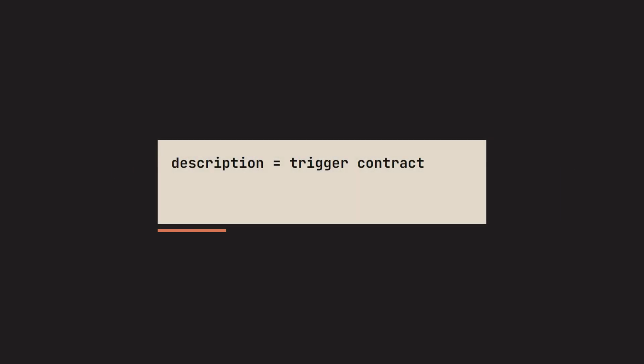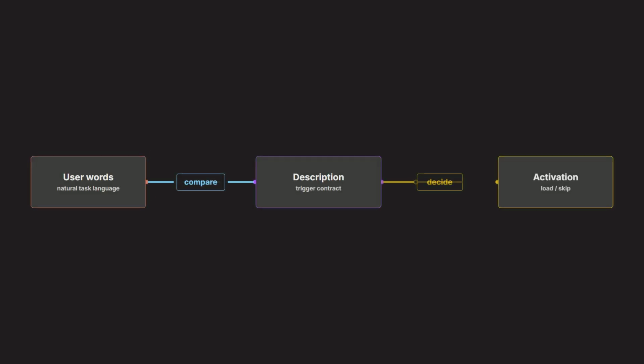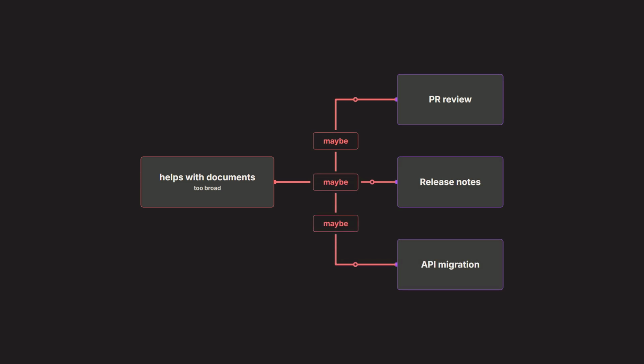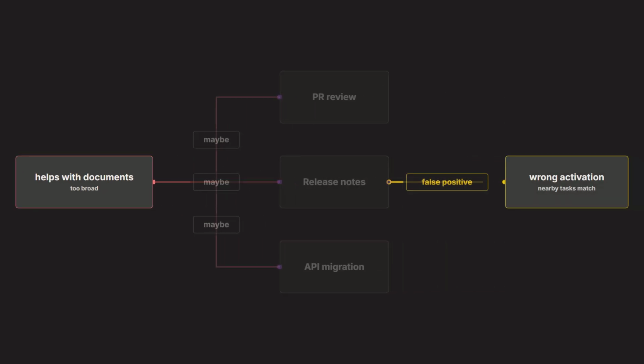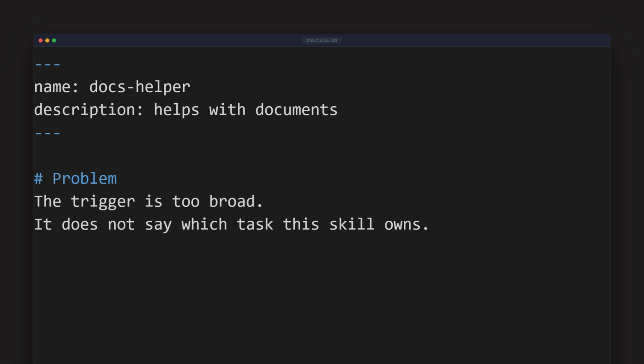The most important field is the description. That sounds small, but it is the trigger contract. If the description is vague, the agent may ignore the skill when it should use it or activate it for unrelated work. A description like "helps with documents" does not tell the agent enough.